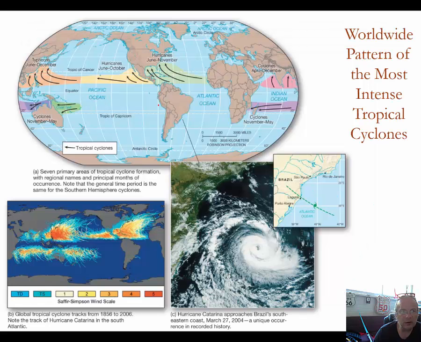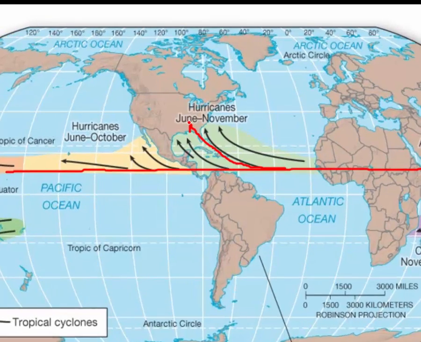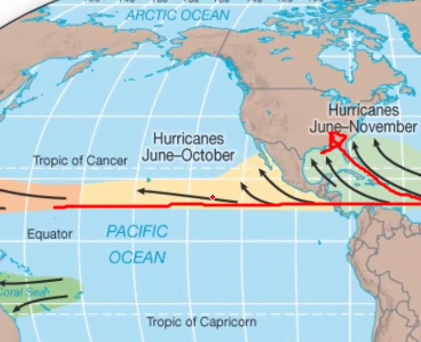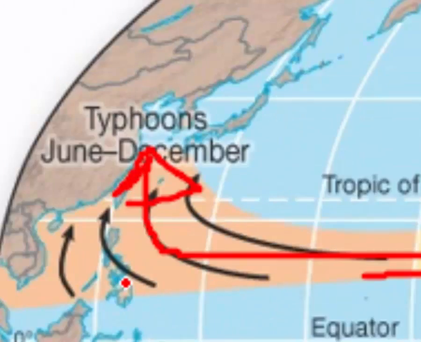This is a graphic showing the tracks of the storm, where they develop. And again, this is about 20 degrees north or south of the equator, or between the tropics and the equator. Hurricanes that affect the eastern United States track along here. Violent typhoons track out of the warm water in the western Pacific and may make landfall in China or along Southeast Asia.